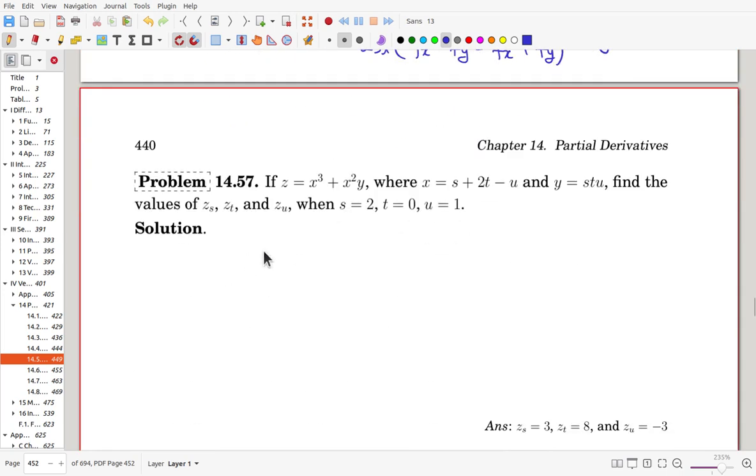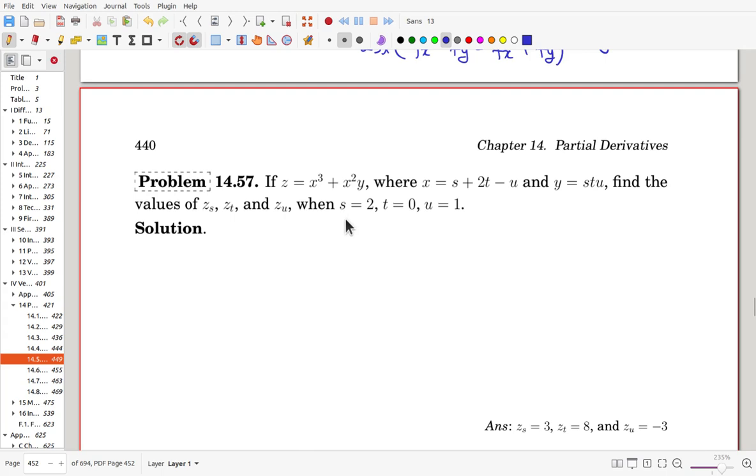z is x cubed plus x squared y. Of course, this is a differentiable function of x and y. Now x and y are functions of s, t, and u. So we can consider z as a function of s, t, u, and we may get that.